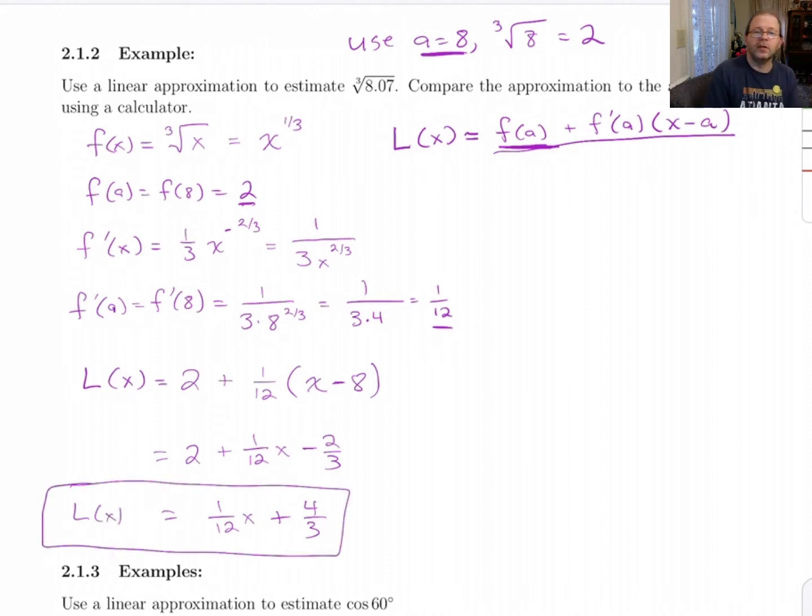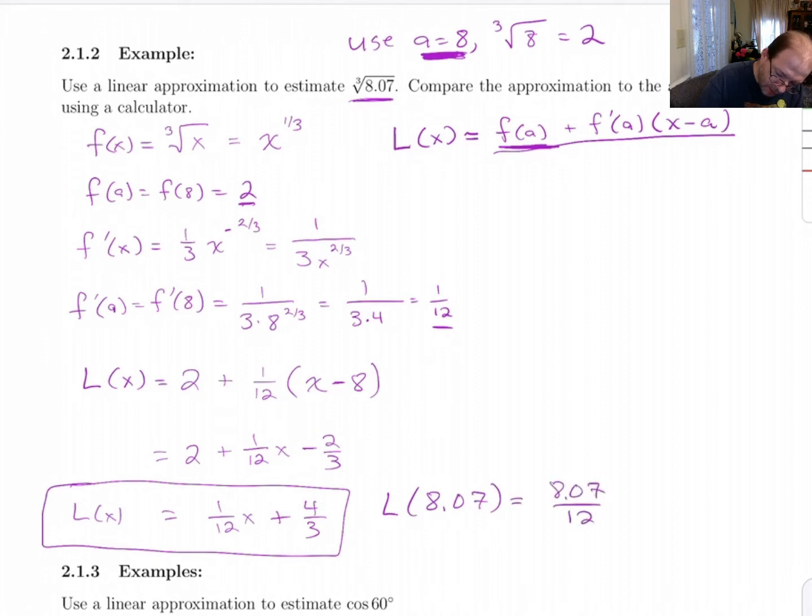Keep in mind, we call it L of x. All it is is the tangent line at x equals a. So that's our L of x, and it said we need to find L of 8.07. L of 8.07 is 8.07/12 plus 4/3.